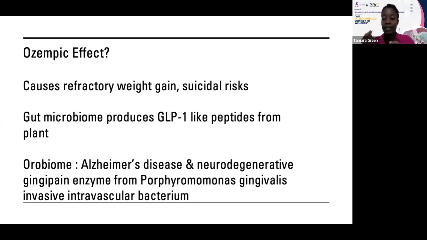It penetrates the blood vessels of our heads, and it gets into the circulation of our brain. This bacteria releases enzymes that are neurodegenerative. So the neural cells are pretty much eaten away and implicated in the formation of Alzheimer's type dementia.